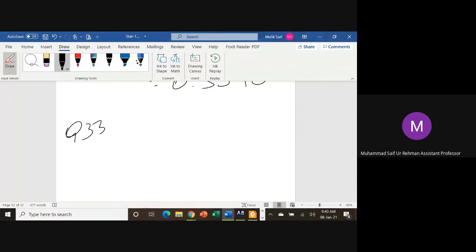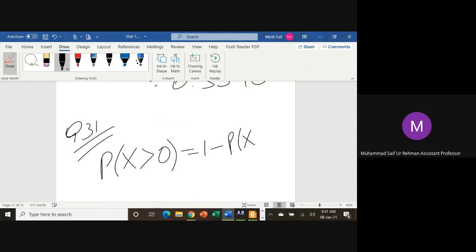Yes, 31. Probability of x is equal to 0, you can find it out. And what is the probability that x is greater than 0? It is 1 minus the probability of x is equal to 0.